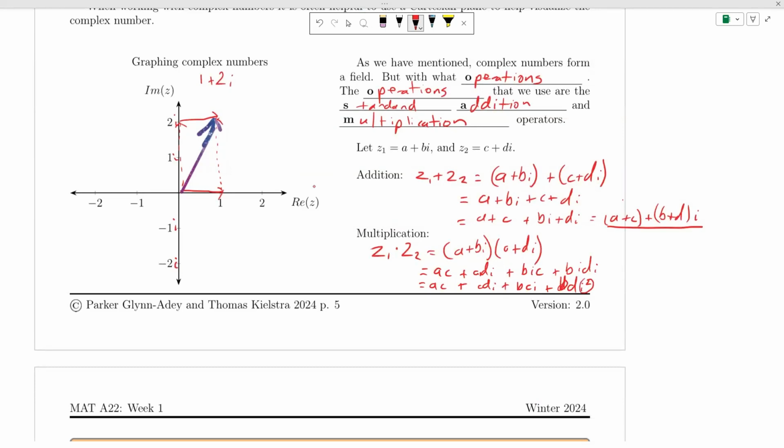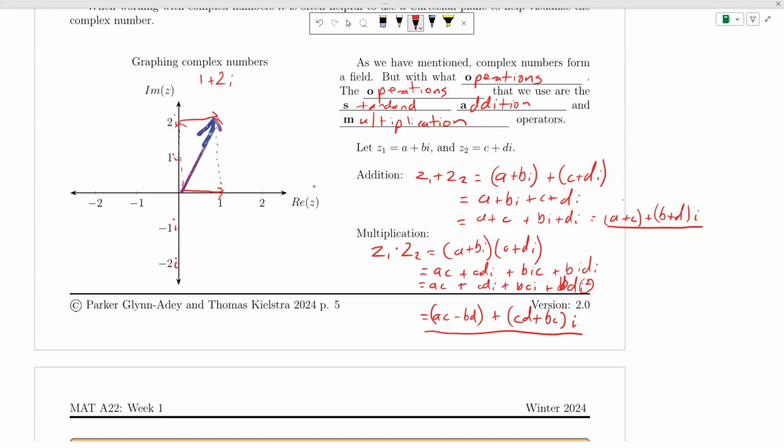And this i squared is going to become -1. So we get (ac minus bd) plus (ad plus bc)i. And once again, we get a complex number. So we're closed under multiplication.